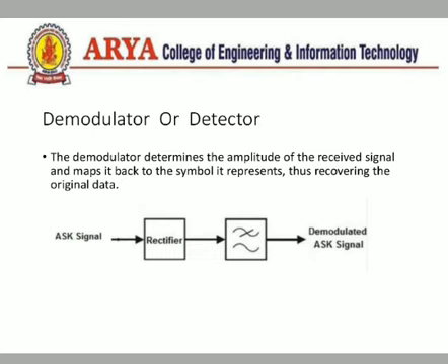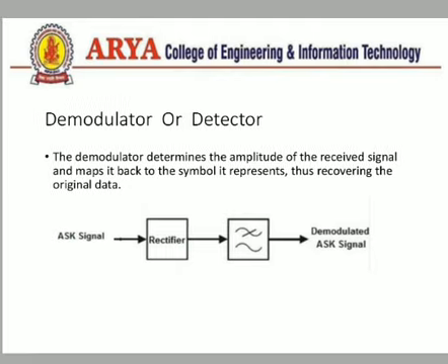The other input of the product modulator is supplied with a sinusoidal carrier which is generated with the help of the local oscillator. The output of the product modulator goes to the rectifier, and the output of the rectifier goes to the filter, and the resulting output will be the demodulated ASK signal.